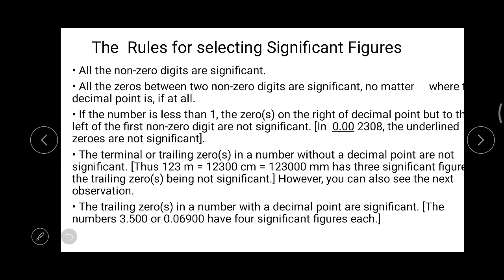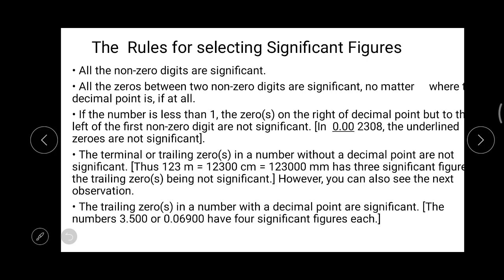As well, the trailing zeros in a number with a decimal point are significant. Remember that one. In the non-decimal cases, without a decimal point, the trailing zeros were not significant. But if you have a decimal point, then the trailing or the terminal zeros are significant. The examples are given. 3.500.